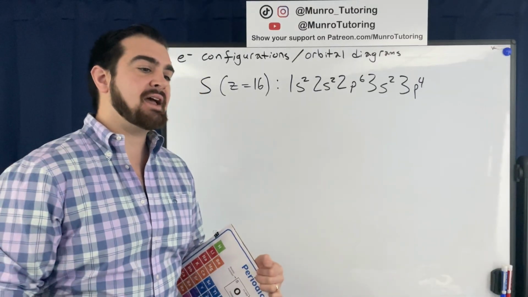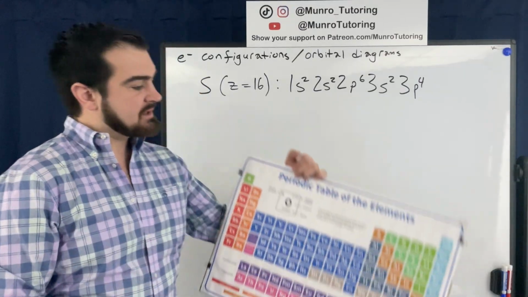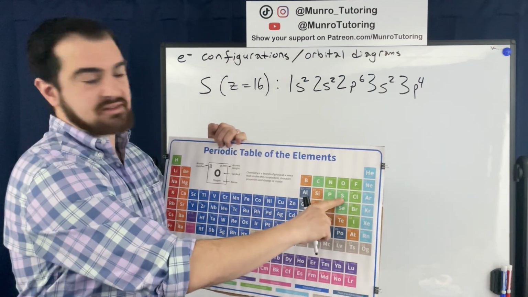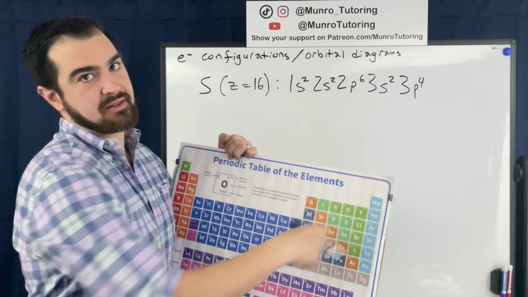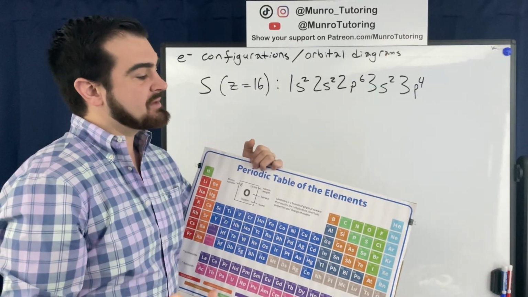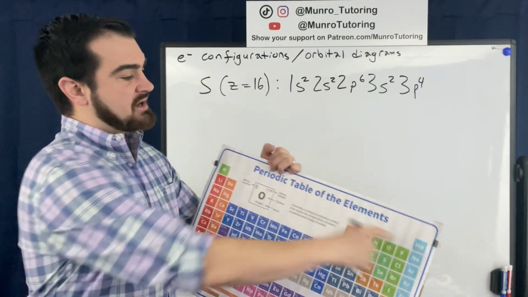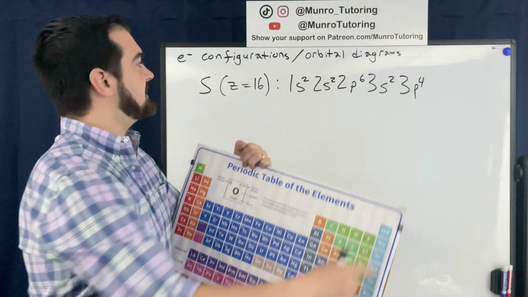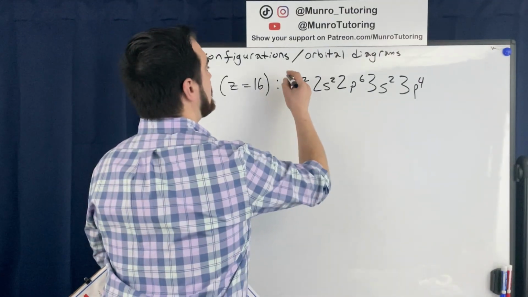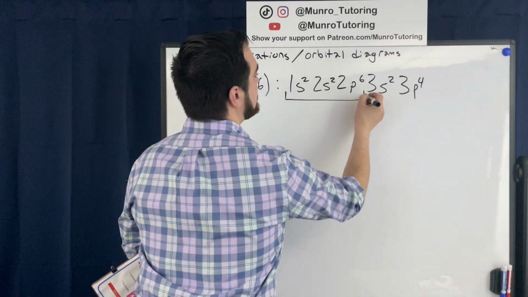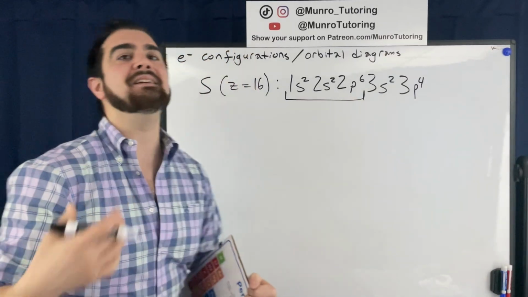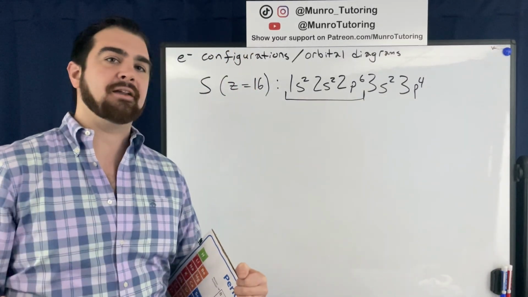So now let's look at what the noble gas shortcut would be. So the noble gas that precedes sulfur is neon, right? So just go up and then all the way to the right, that's the noble gas. And so neon is 1s2, 2s2, 2p6. So this whole area here, from the 1s all the way over to the 2p6, that just is the electron configuration of neon.